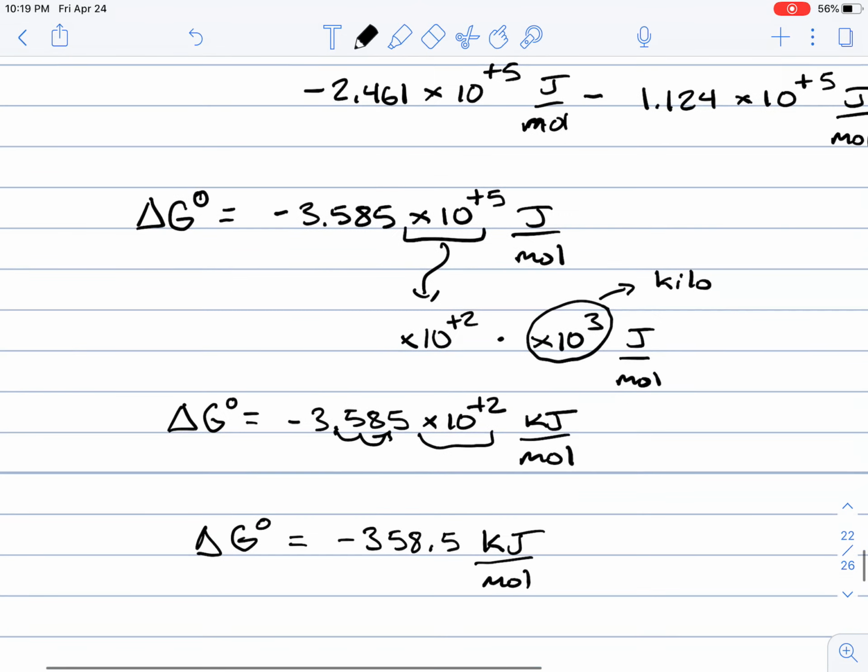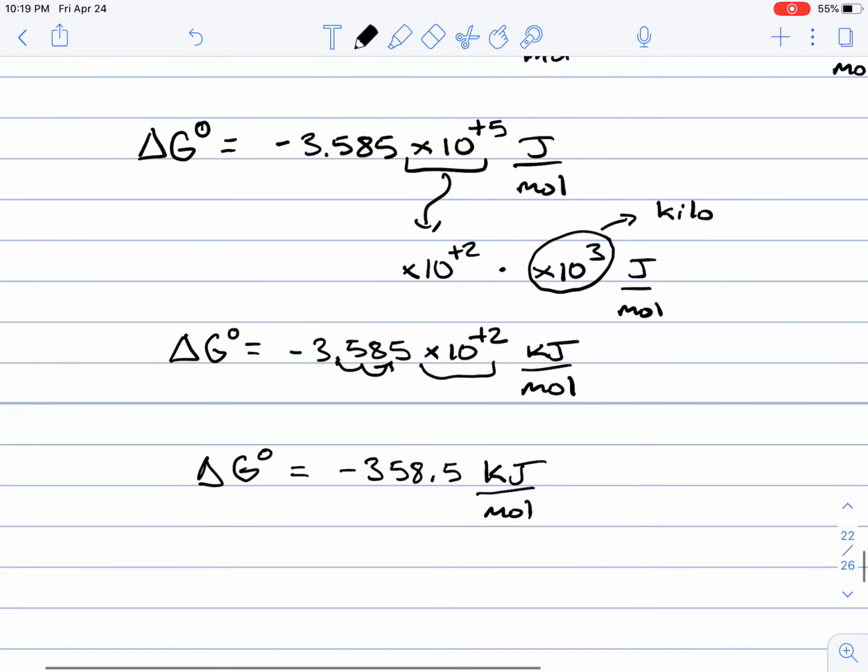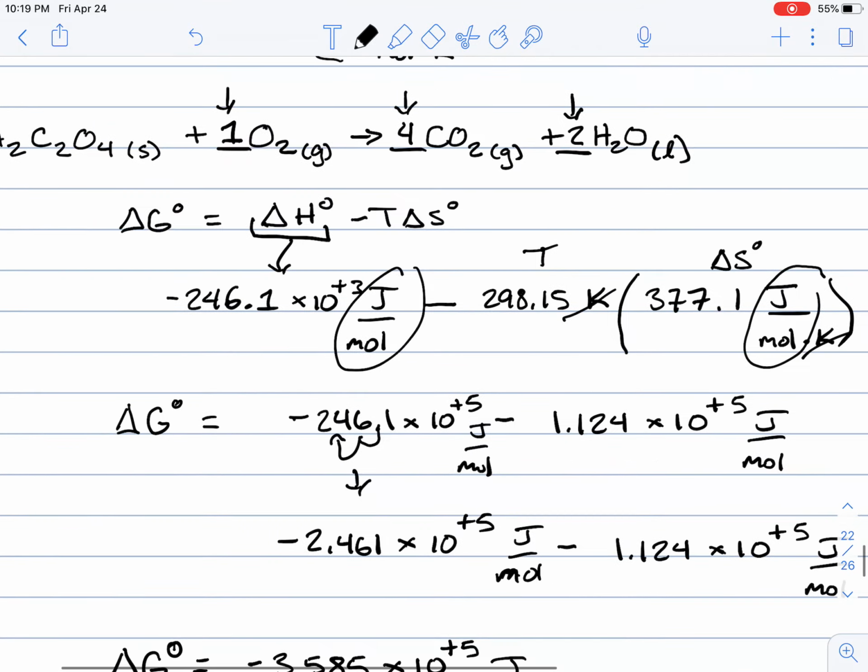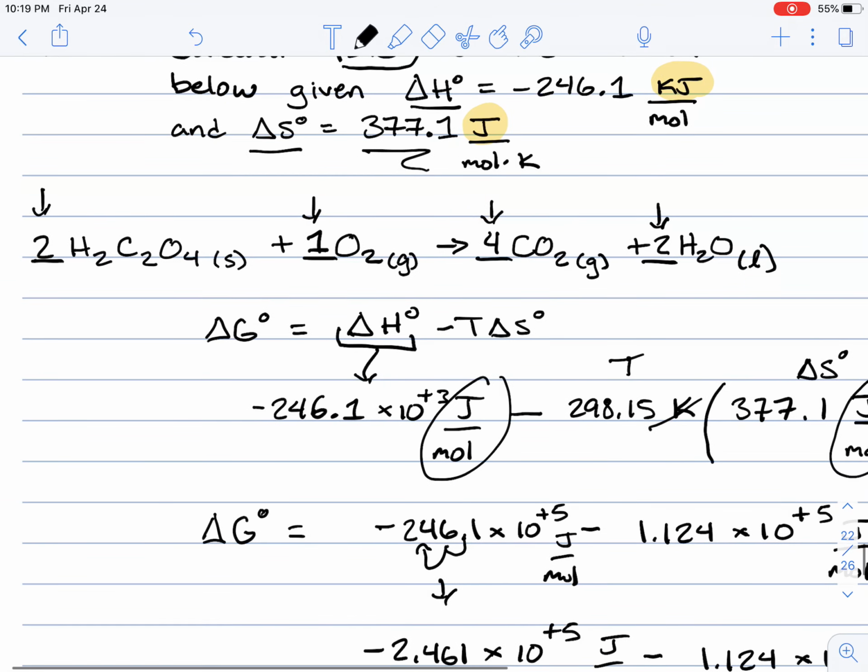All right, and so this negative value is telling us that the forward reaction is going to be spontaneous. And so if these two reactions were to occur, if these two reactants were catalyzed in some form or manner, so maybe like a quick spark, producing a combustion reaction.